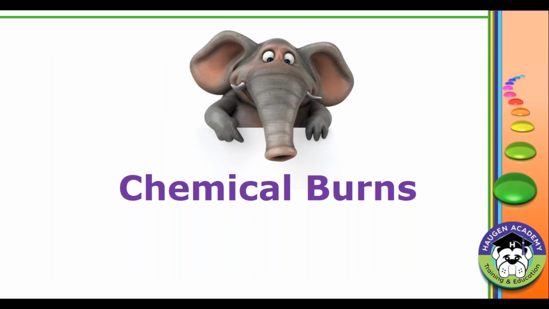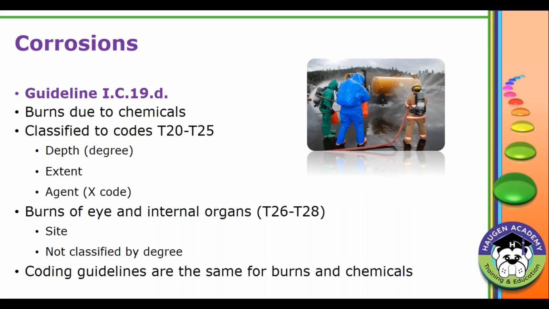And then that brings us to chemical burns, which seems really weird. But I remember when I was learning how to code, it's like, the patient spills bleach on their arm. That's not really a poisoning, but I can look up bleach in the table of drugs and chemicals. So what do I do? Well, ICD-10 is very clear that corrosions are chemical burns.